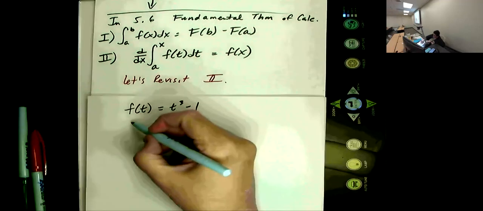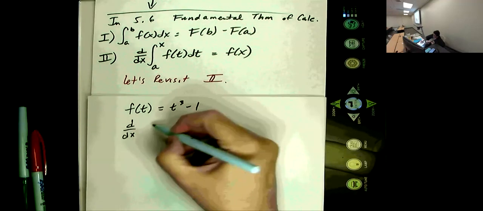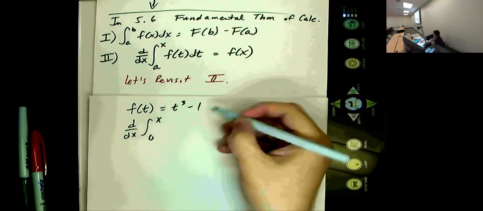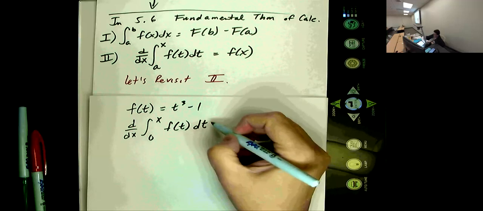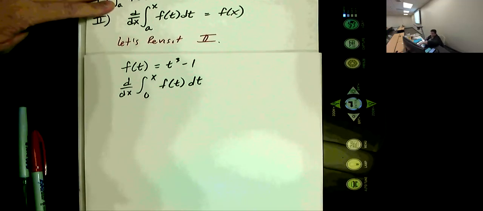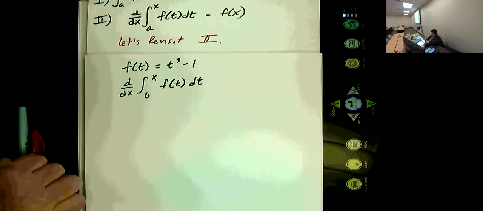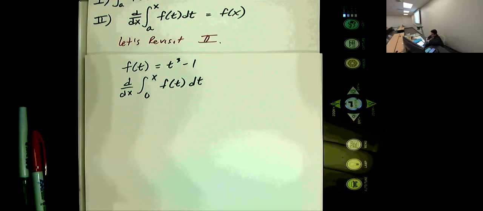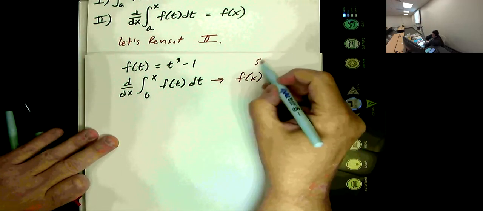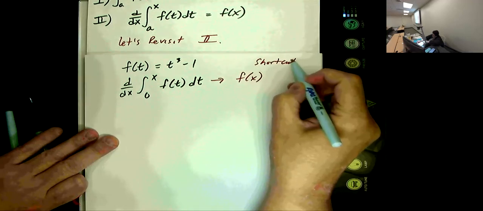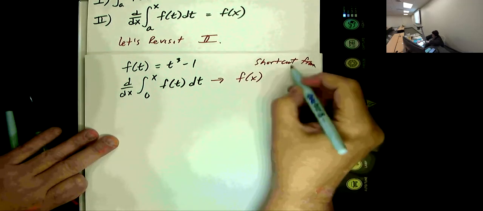And we want to find the derivative with respect to x of the integral from 0 to x of f of t dt. Shortcut method, it's just f of x. That was our shortcut from part 2 of the fundamental theorem.